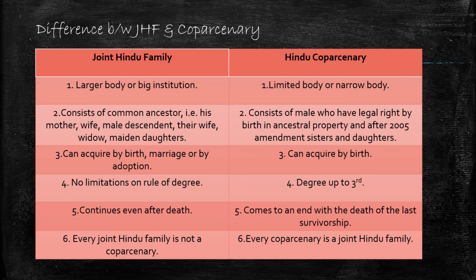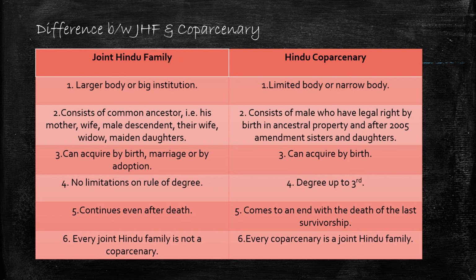Now let's discuss the differences between Hindu joint family and coparcenary. The first major difference is that joint Hindu family is a larger body, or we can say a big institution, whereas Hindu coparcenary is a limited body or a narrow body.